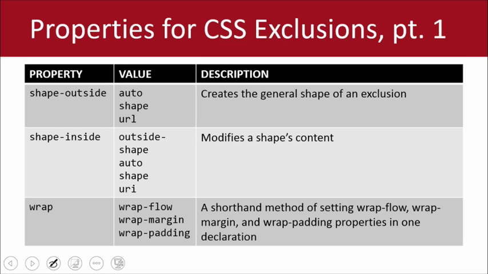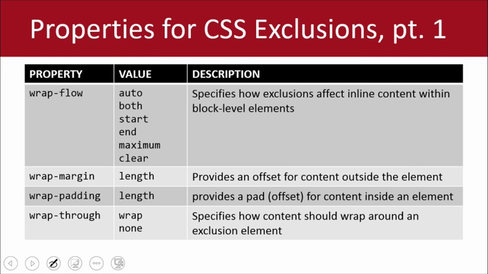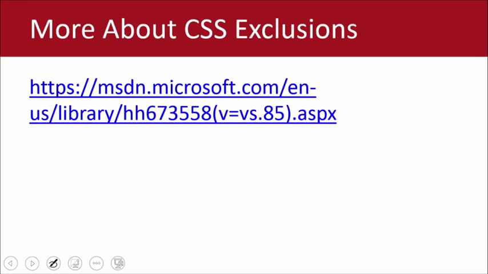All right, so here is a quick overview of all the properties for CSS exclusions. Really what I'm going to do here is just tell you to go ahead and download this presentation to review them. They very well may be tested on the HTML application development fundamentals exam, so it's really important to take a good hard look at them.